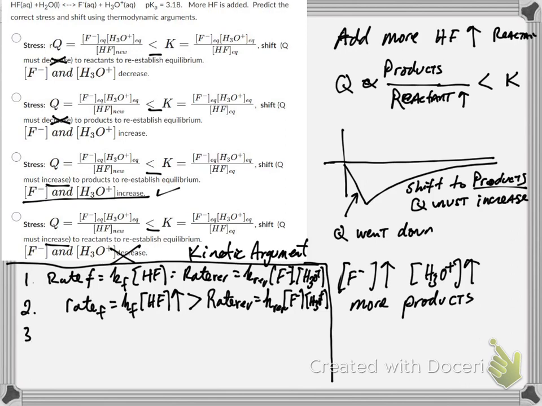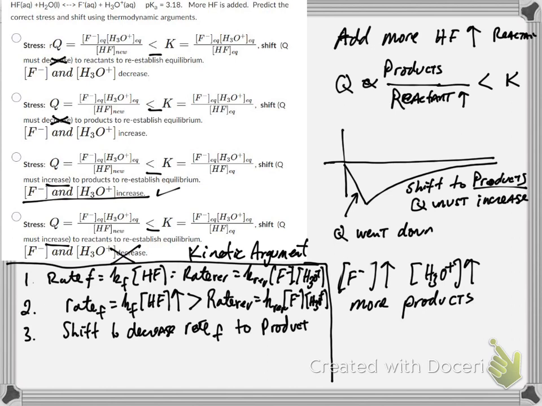Because it's going up, there has to be a shift to decrease rate forward. And the way we decrease rate forward is to shift to products. So we have to have less reactants and more products, so we shift material over.